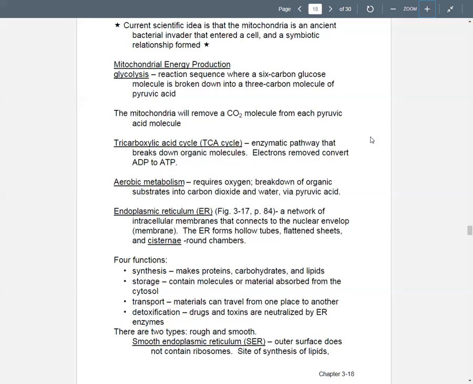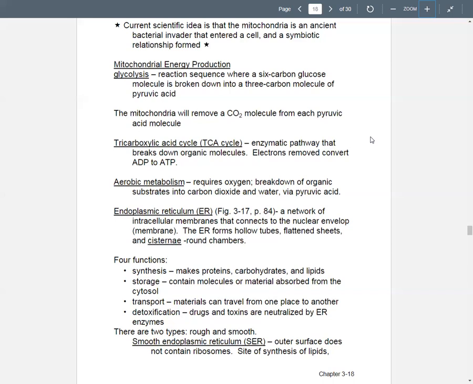If you take a 6-carbon compound and break it into a 3-carbon molecule, you basically broke it in half, right? So you made 2 molecules of pyruvic acid. And the mitochondria then will take away a carbon dioxide molecule from each pyruvic acid. Okay.